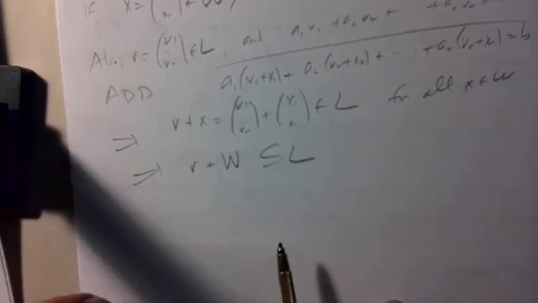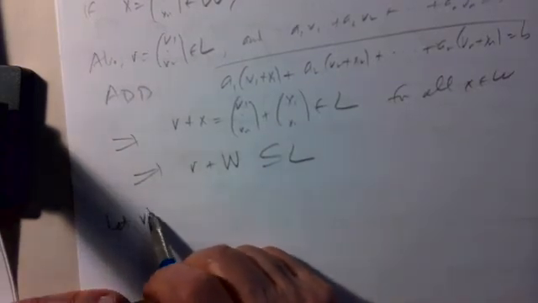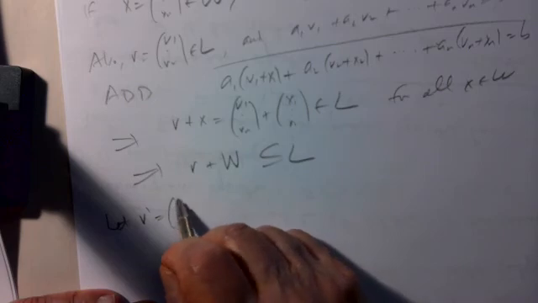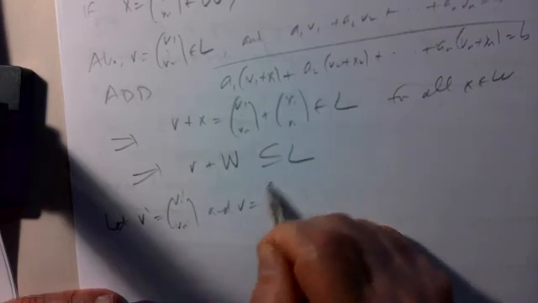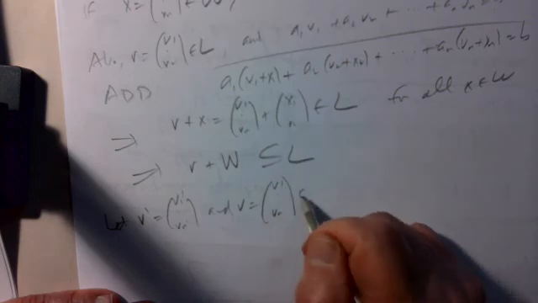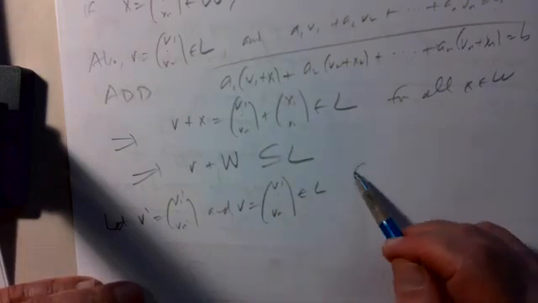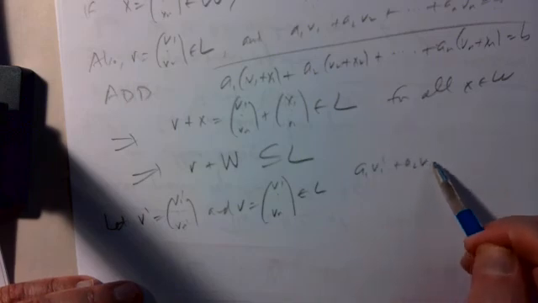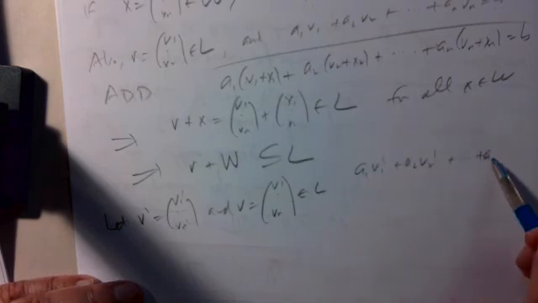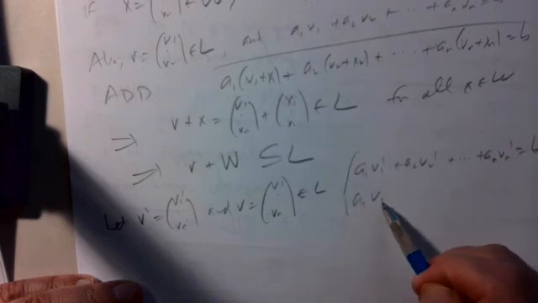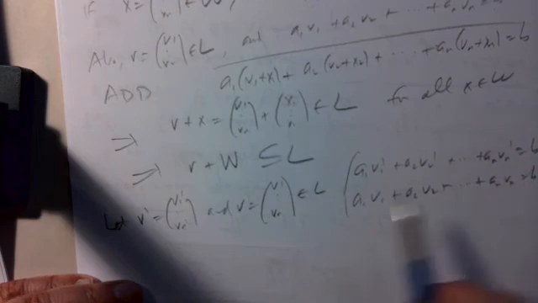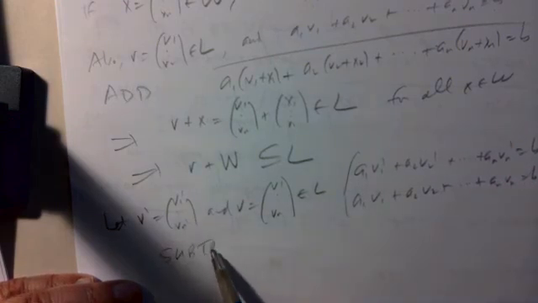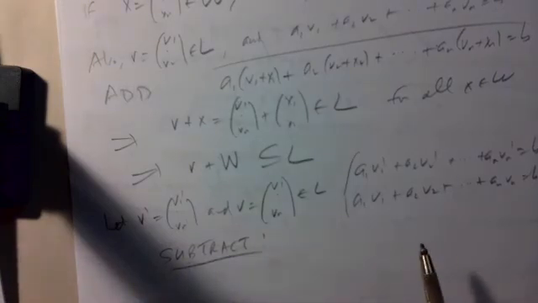Well, one way is the following. Suppose that V prime, with coordinates V1 prime to Vn prime, and V, with coordinates V1 up to Vn, are both in L. That means A1 V1 prime plus A2 V2 prime up to An Vn prime is equal to B, and A1 V1 plus A2 V2 plus An Vn is equal to B. And now I take these equations and I subtract them.